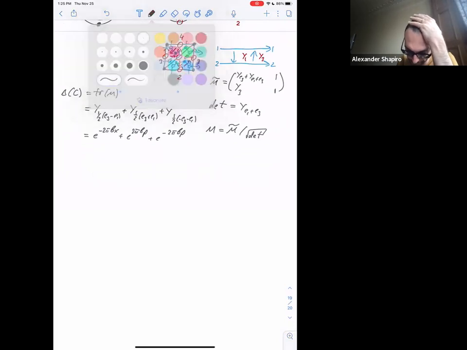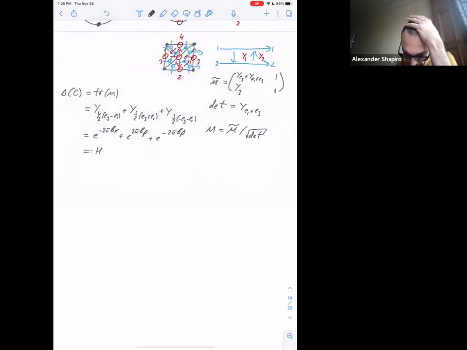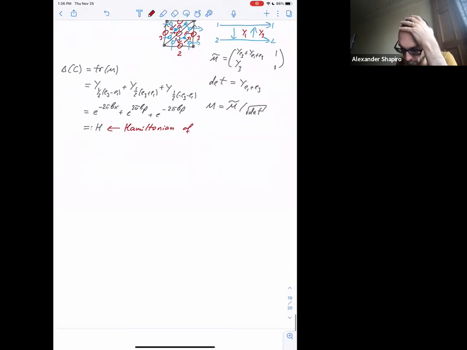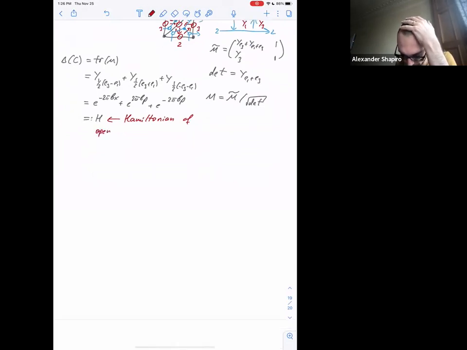This is what people call the Hamiltonian of the open quantum SL2 Toda chain, or Toda system.